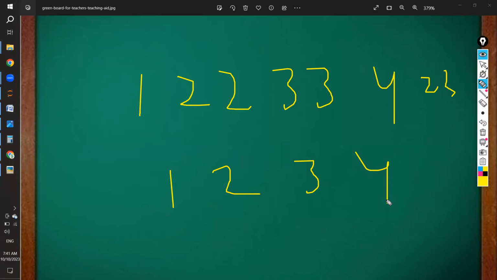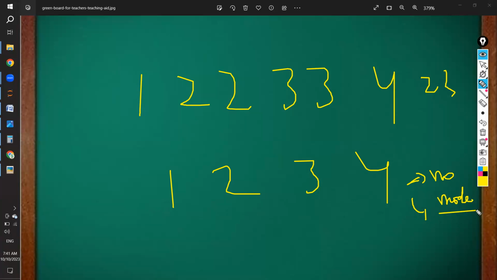All are modes, 1 2 3 4. You can say all are modes, but usually if every number is repeating the same number of times, then there is no mode. It's not 0, Sirisha. There is no number 0.